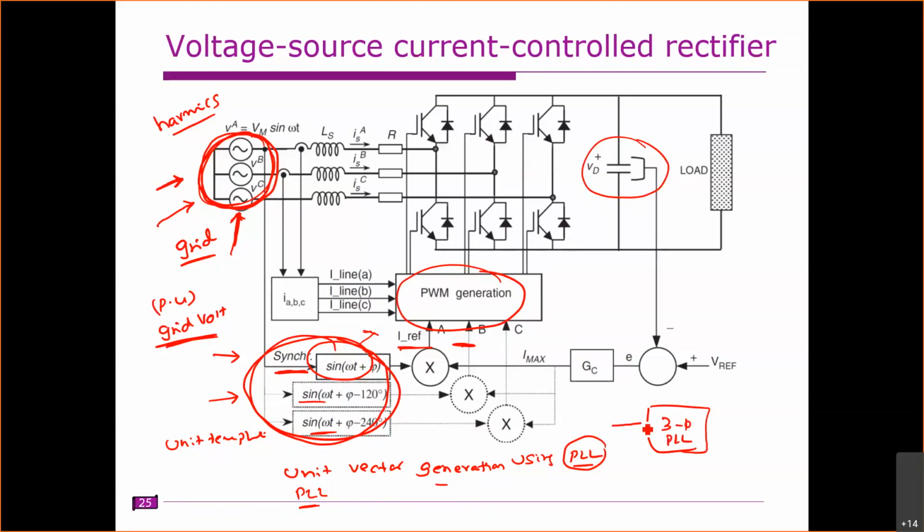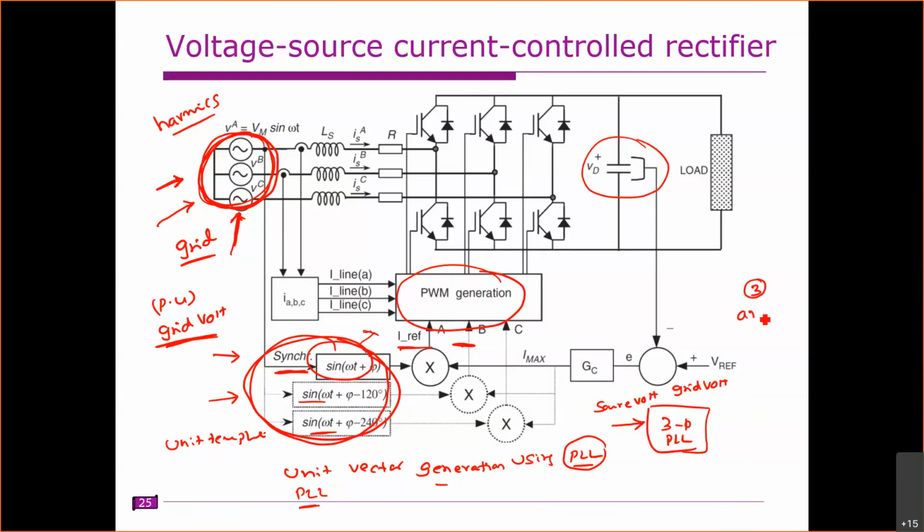For that, the inputs are the source voltage, or more specifically, the grid voltages. Generally phase lock loops give you three pieces of information.